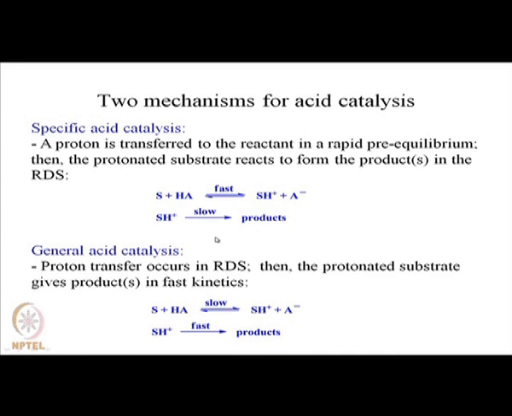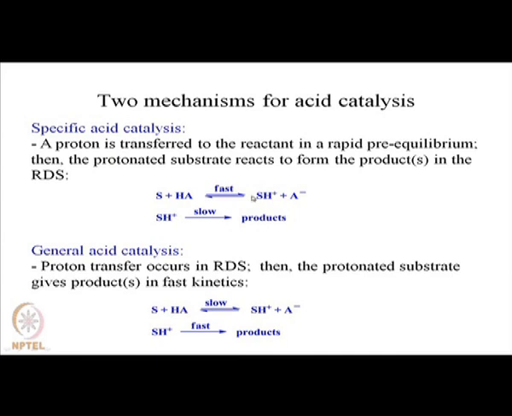For general acid catalysis, the situation is the reverse: proton transfer occurs in the rate determining step. So the equilibration step is the slow step, and once SH plus is formed, it gives rise to products very fast.